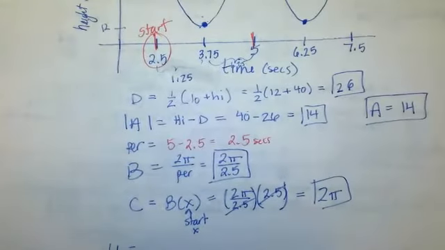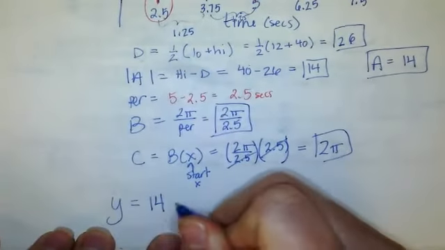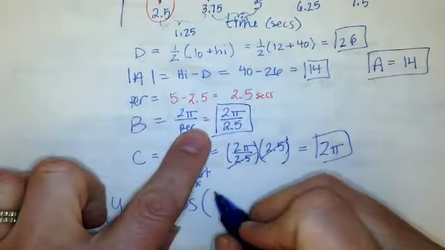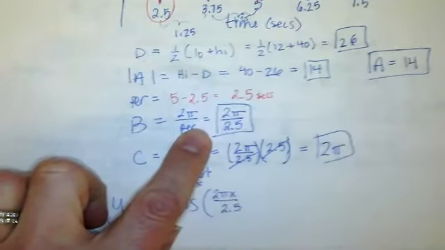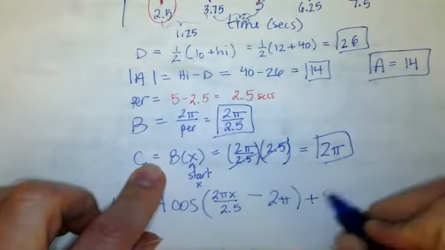So y equals a, which is 14, times the cosine of bx minus c, plus d. So I'm going to write 2 pi x over 2.5.